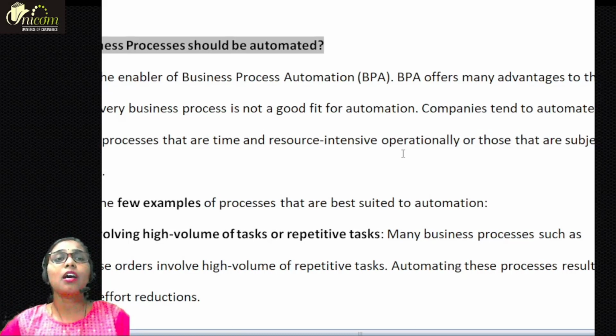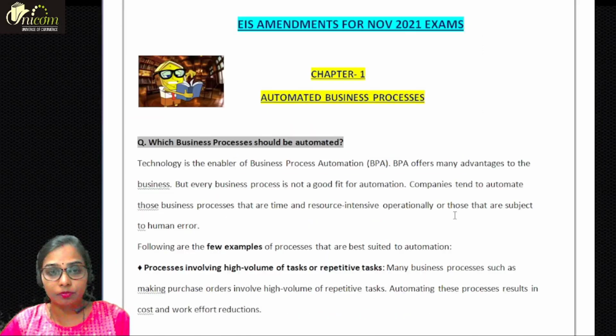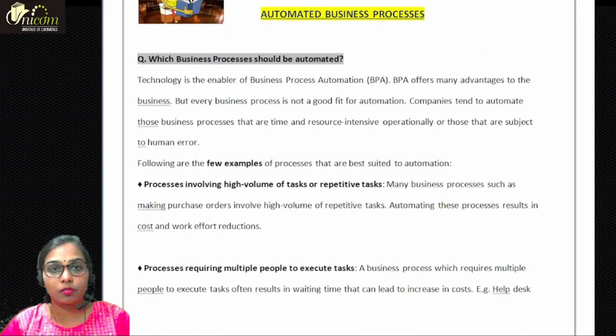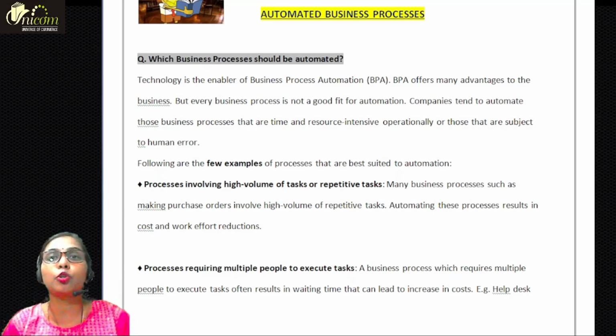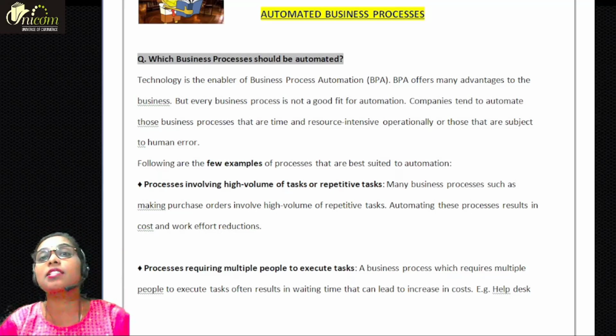So in this, which business processes should be automated is the main question. Technology is the enabler of business process automation. I told you that this is all due to the amazing emerging technologies which have come up in this digitalized world.